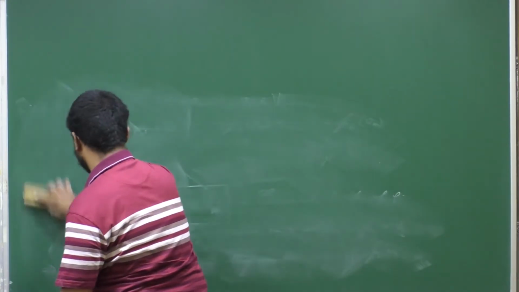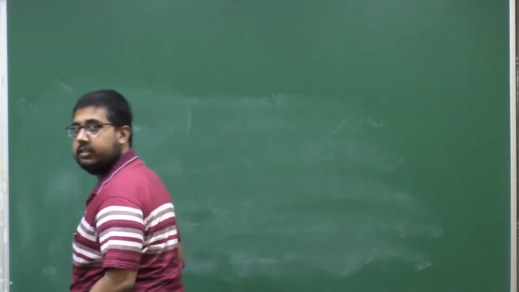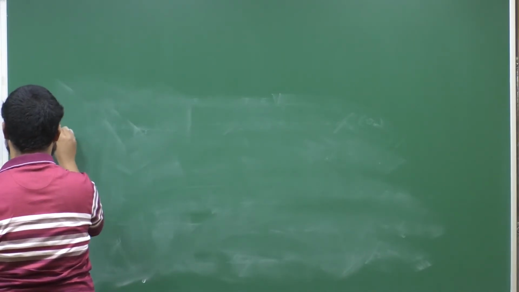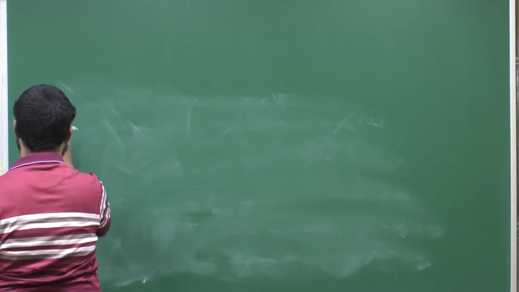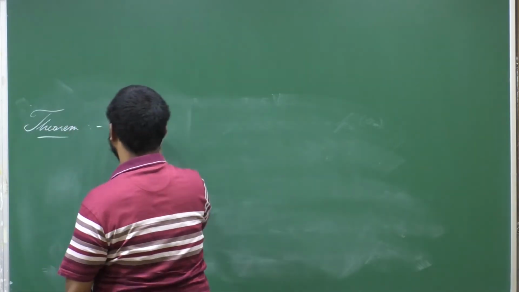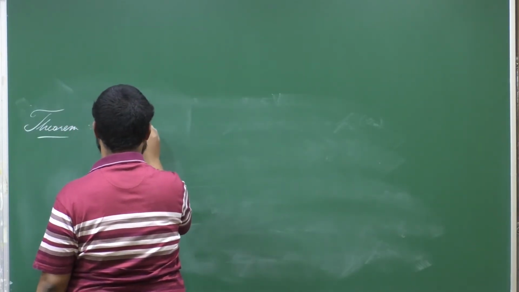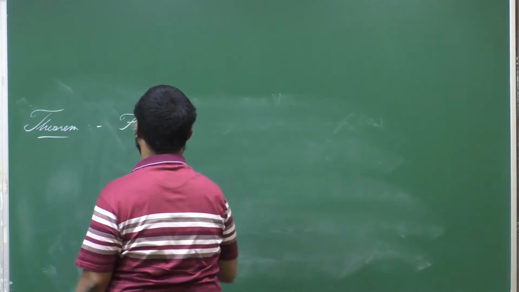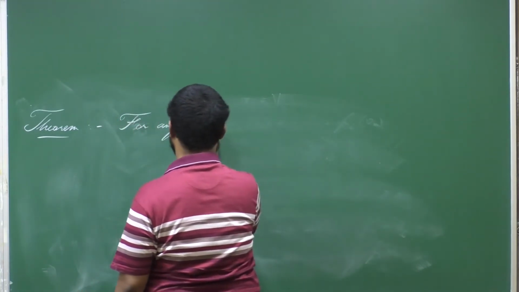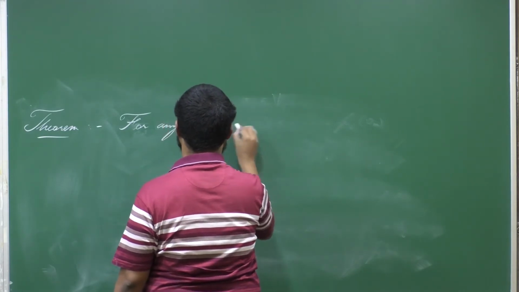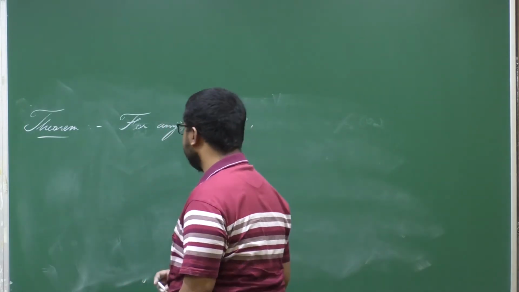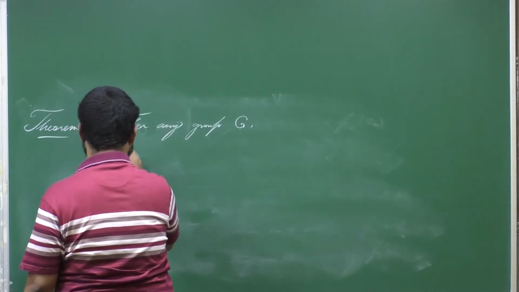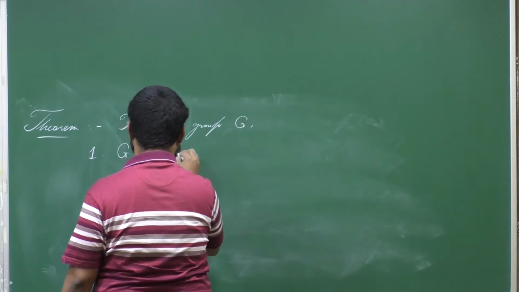What it shows is a very simple thing, for any group G, finite or infinite. Right now I don't insist this to be finite. For any group G, the following holds. What is the following? G is abelian.